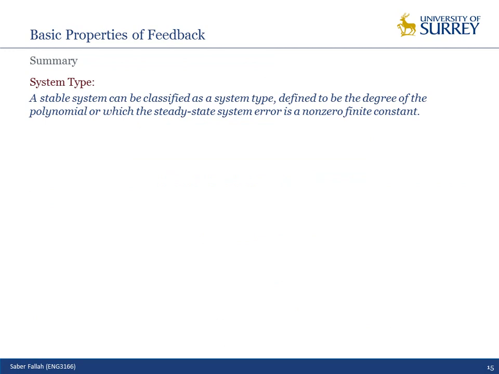As a summary, last week and one week before, I talked about the system type. System type is generally defined for a stable system, as the degree of the polynomial input for which the steady state error is a non-zero constant.